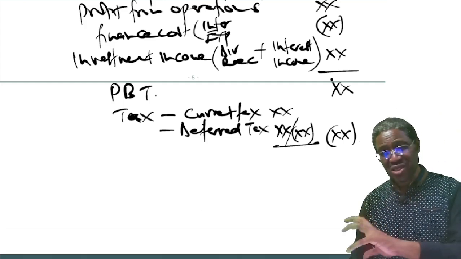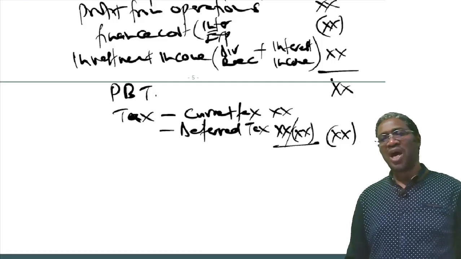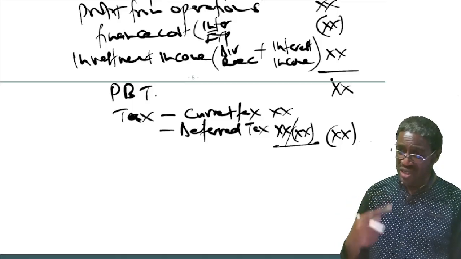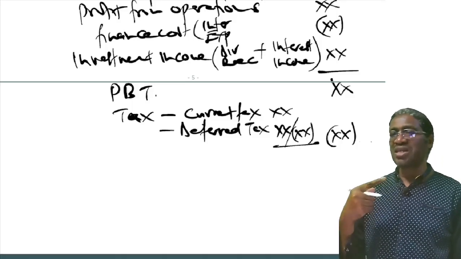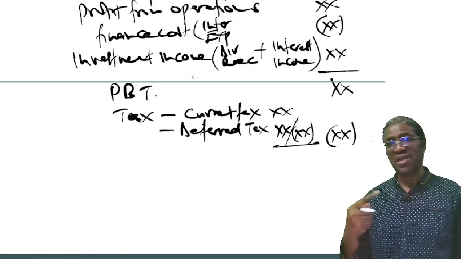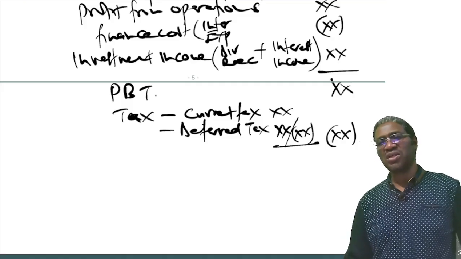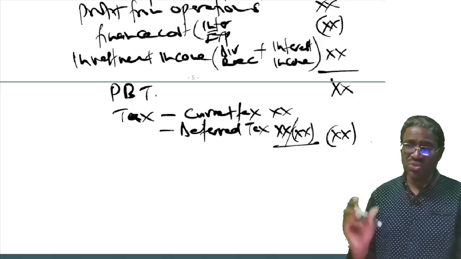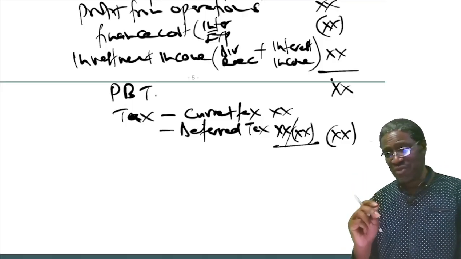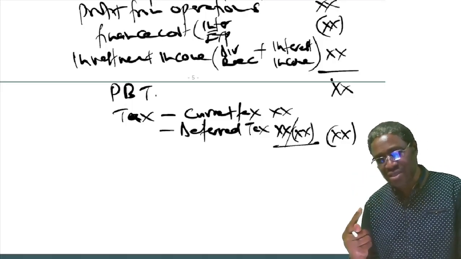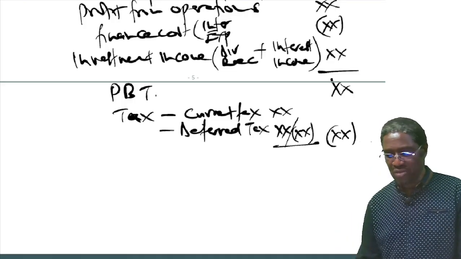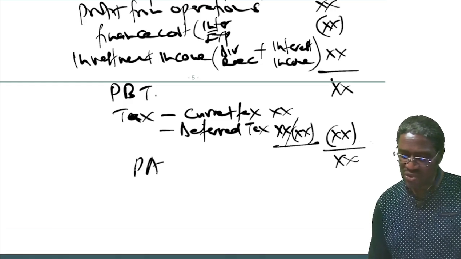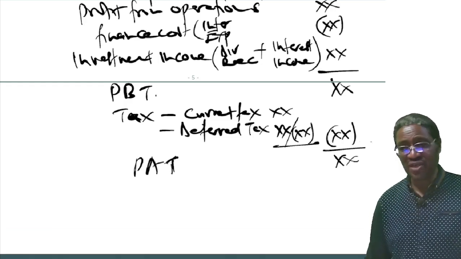How to know whether to add the deferred tax to the current tax or to deduct it is something we shall discuss later. But once you adjust those two, that is the current tax and the deferred tax, and get the net tax expense, you minus. Then you get what we call profit after tax.